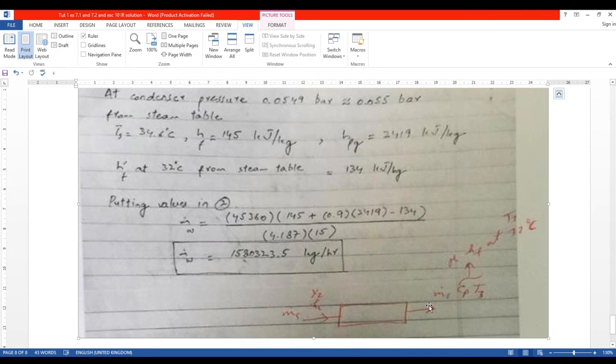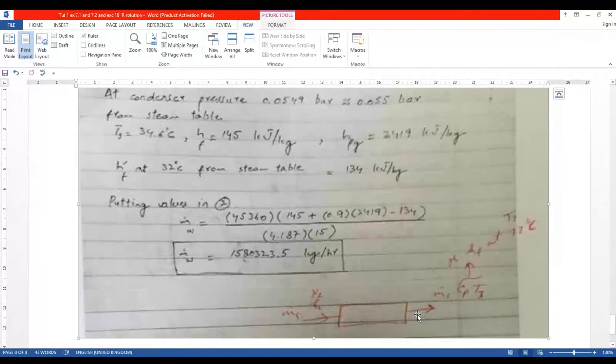So H3 is the saturated water leaving. The steam becomes water here, so the enthalpy leaving is HF at the saturation temperature of 32 degrees centigrade, because we know the temperature.